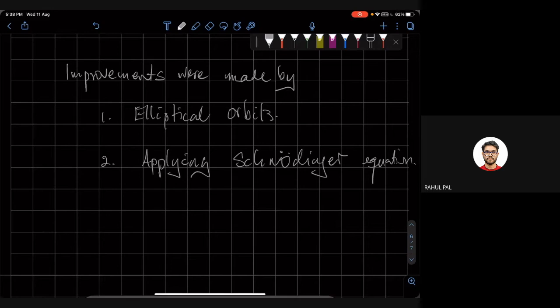And then, even then, there are discrepancies because, if we apply the Schrodinger equation naively, which is what we will do today, what are we ignoring? The potential? No, we will use the spherically symmetric potential. But if you only take into account that, we are still ignoring some stuff.